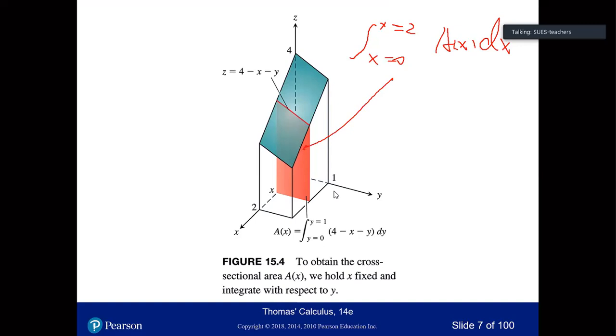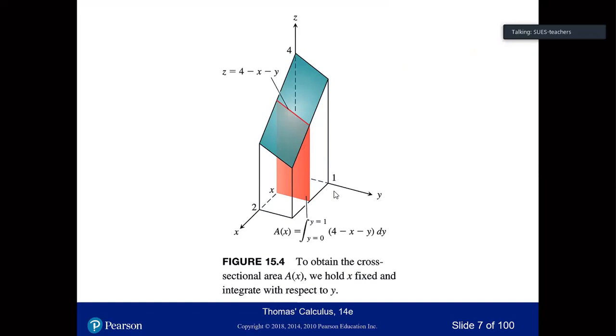So we are trying to add up all these slices.